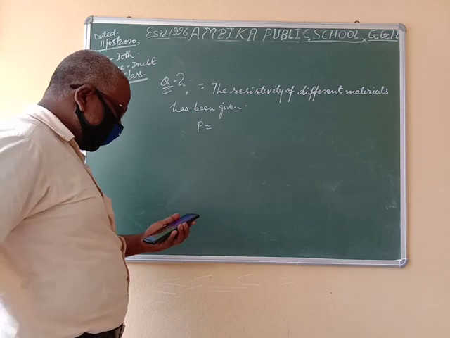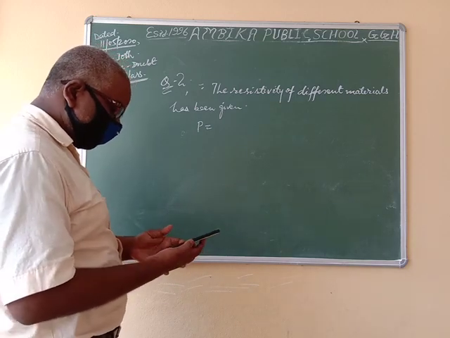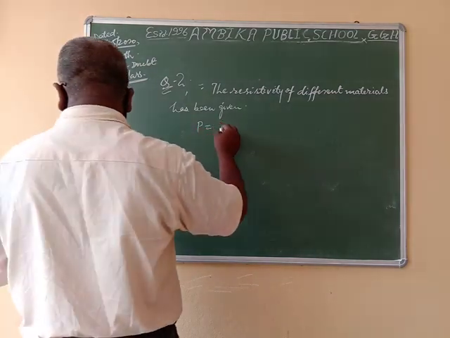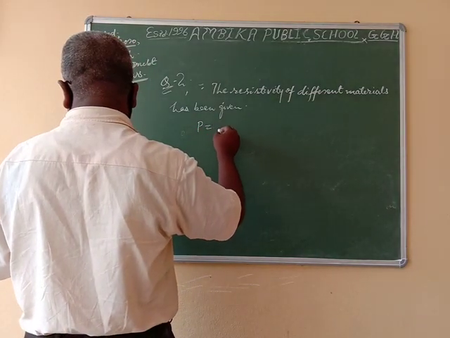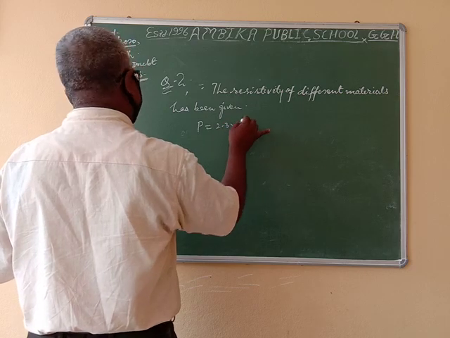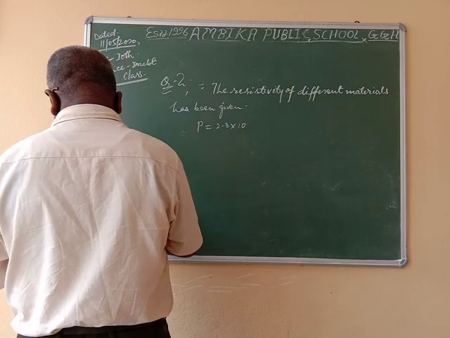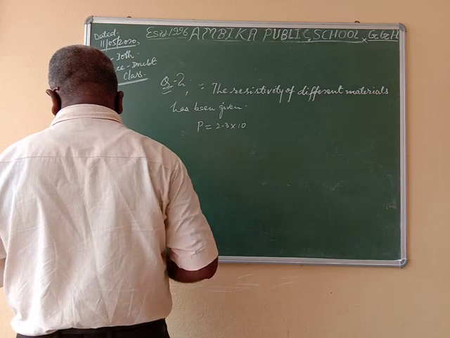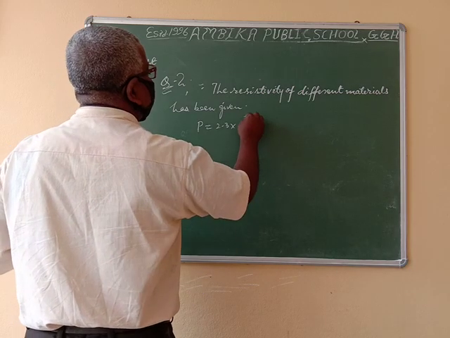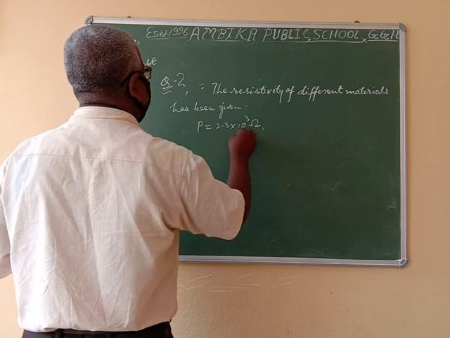little moment, I have just got this question on my WhatsApp. P is equal to 2.3 into 10 to the power 3 ohm meter.